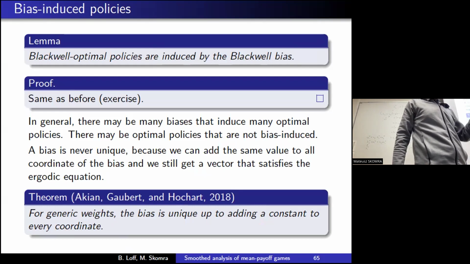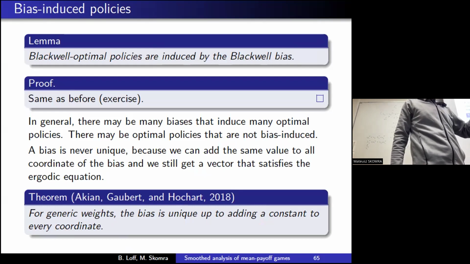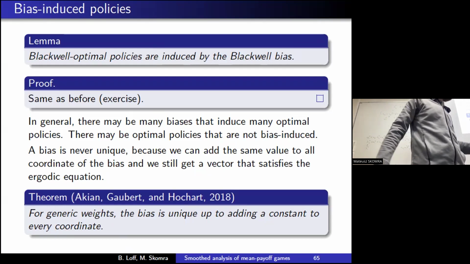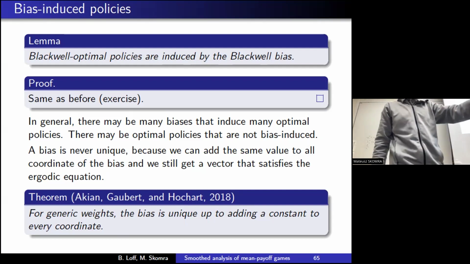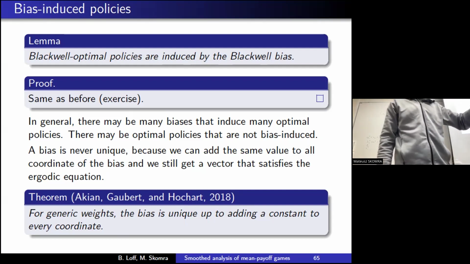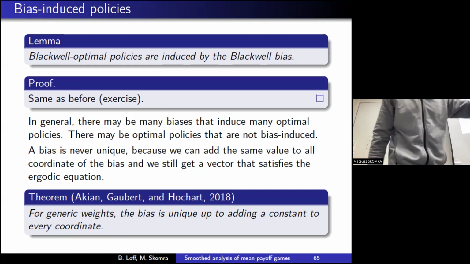Okay, so now this gives us some sort of uniqueness for these games, right? So we said that in these mean-payoff games, you can have multiple policies and stuff like this, but this object is generically unique. So you have some kind of a canonical notion of a solution that is unique if the weights are generic, right?